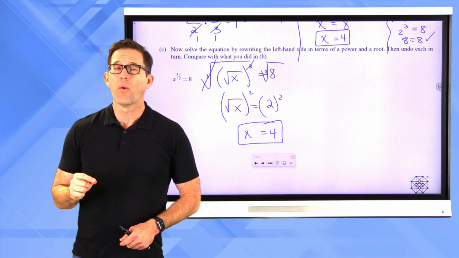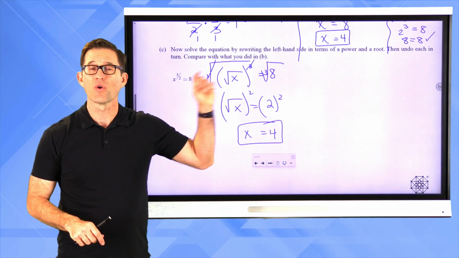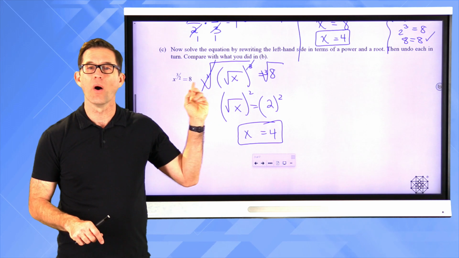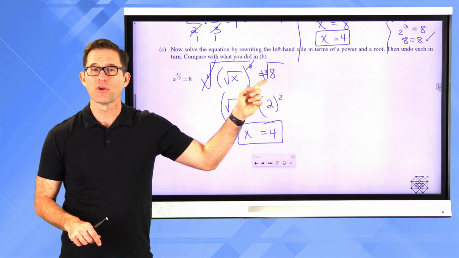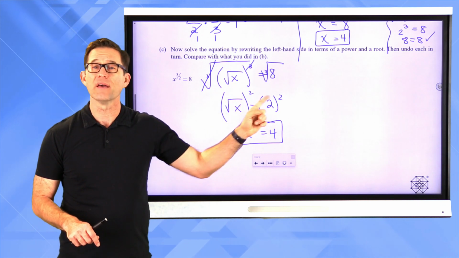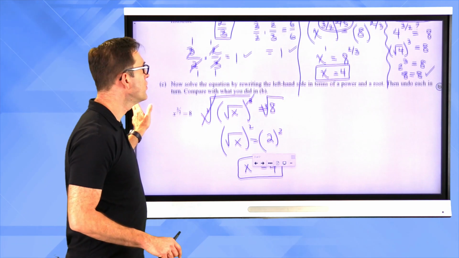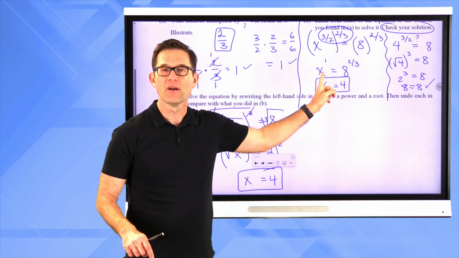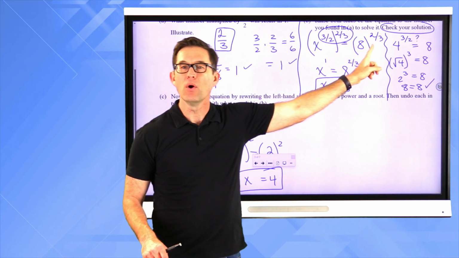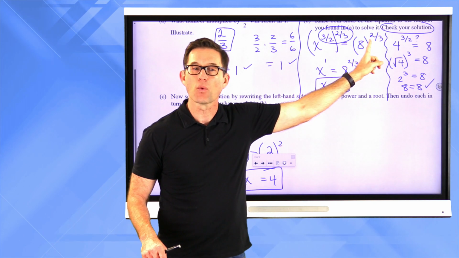Now think, though, about what I had to do there. So this is my comparing it to what I did in B, right? I had to do two operations. I had to undo the cubing by doing a cubed root, and then I had to undo the square root by doing a squaring on both sides. Now that's really what I'm doing up here, right? Here, when I raise both sides to the 2/3 power, I'm really doing a cubed root of 8, and then I'm squaring the result.